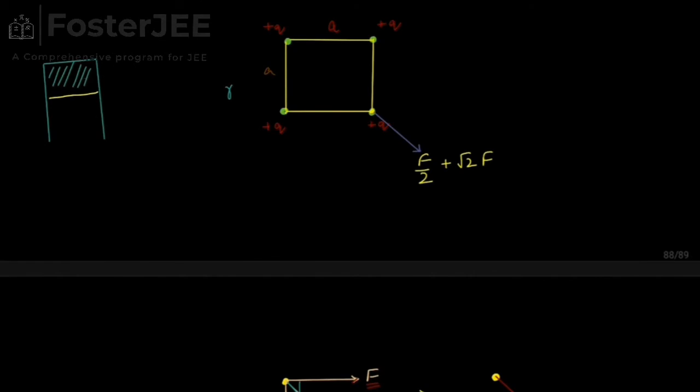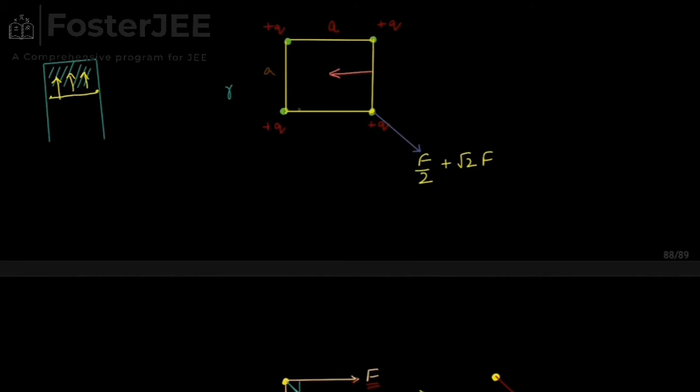Now experimentally, this movable wire will tend to move in this direction. Hence we can say that this side will try to move along this side, and the net force on this frame will be along this direction.